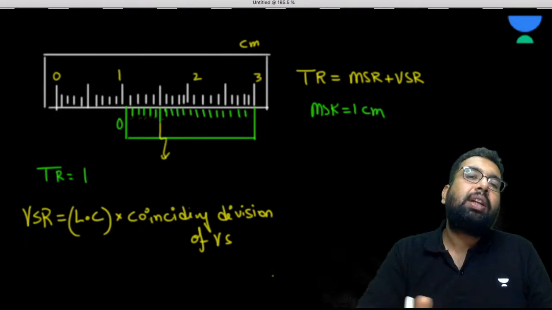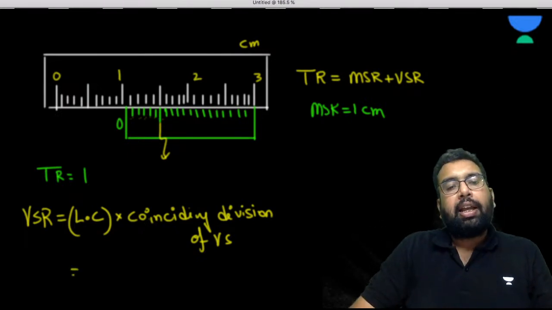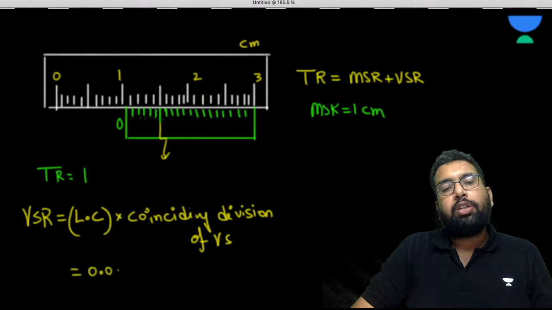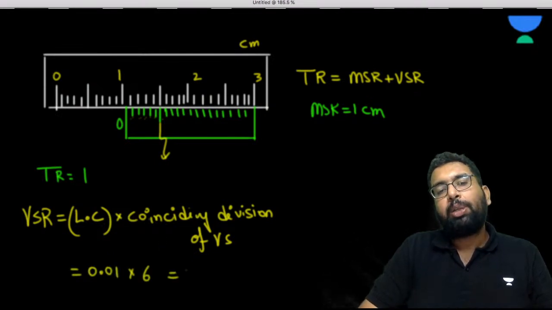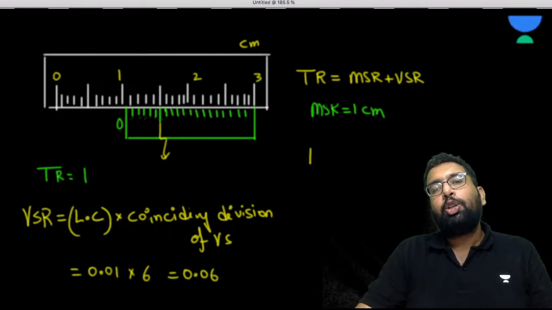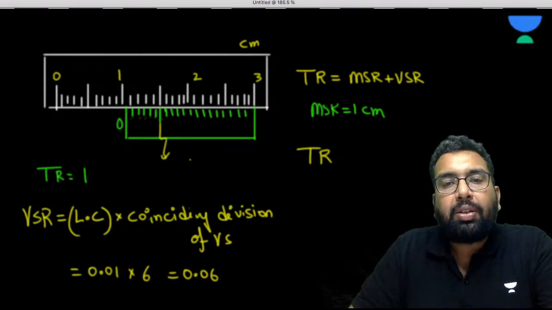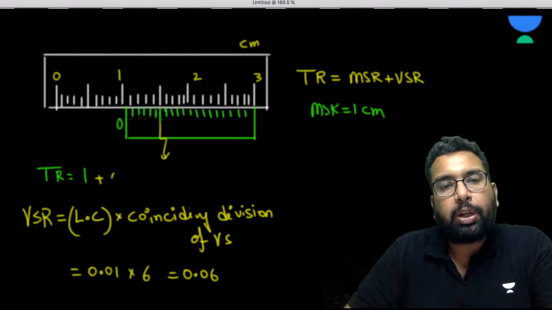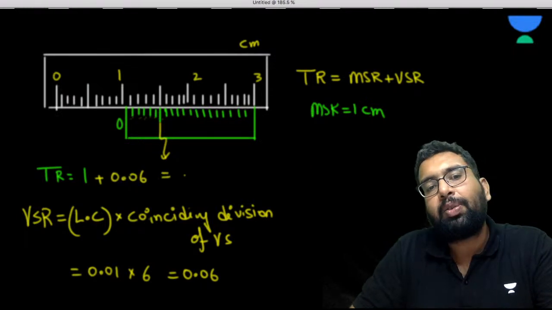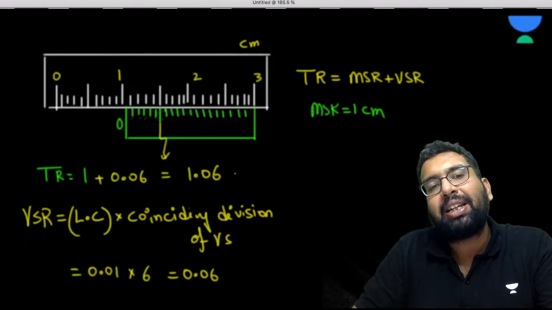If the least count is 0.01 and the coinciding division is 6, it is going to be 0.06. So what is the total reading? MSR is 1 centimeter and this is 0.06 centimeter, so it is going to be 1.06 centimeter.